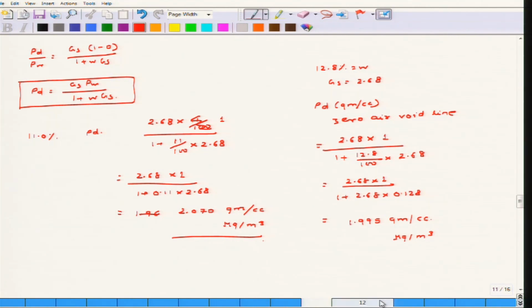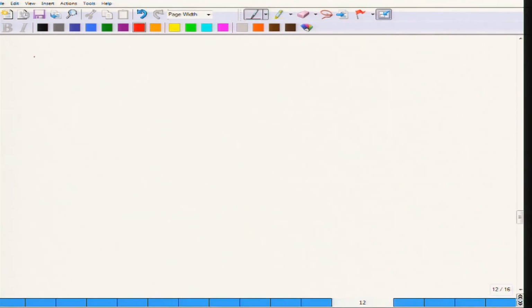Similarly, for the 5% air void line, it will be equivalent to rho D by rho W is equal to GS into 1 minus 0.05, because the volume of air now is 5%, divided by 1 plus W into GS.